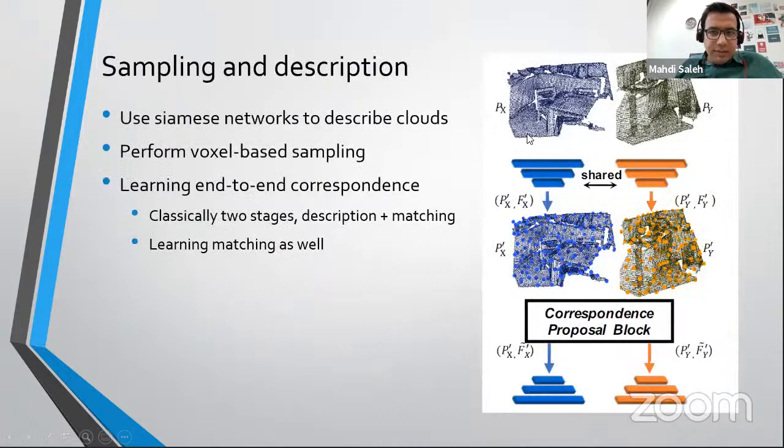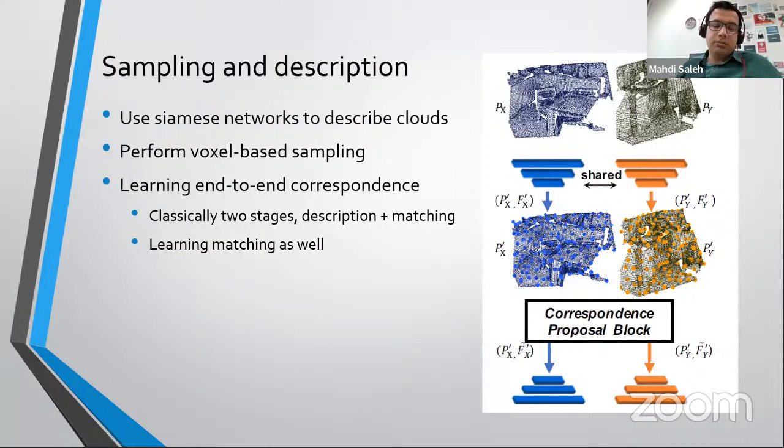Here the pipeline is a bit different. You have one pair of point clouds from different scans. You can use a Siamese network to describe these point clouds, and then you can sample. Here we use voxel-based sampling, which is commonly used in scene level registration.